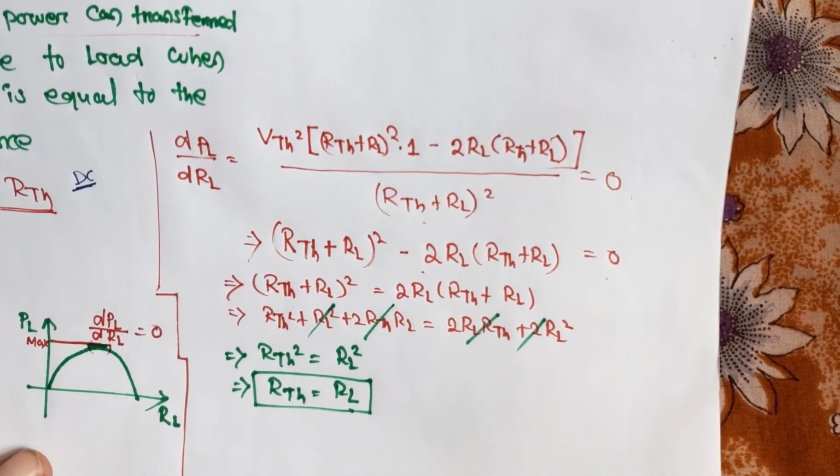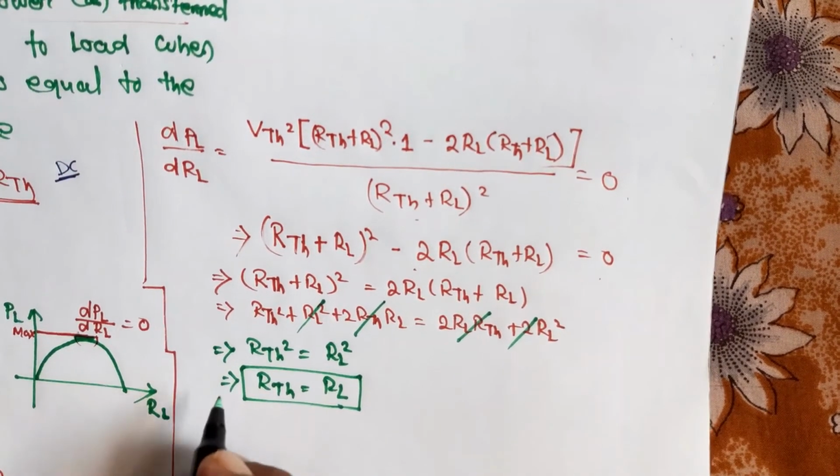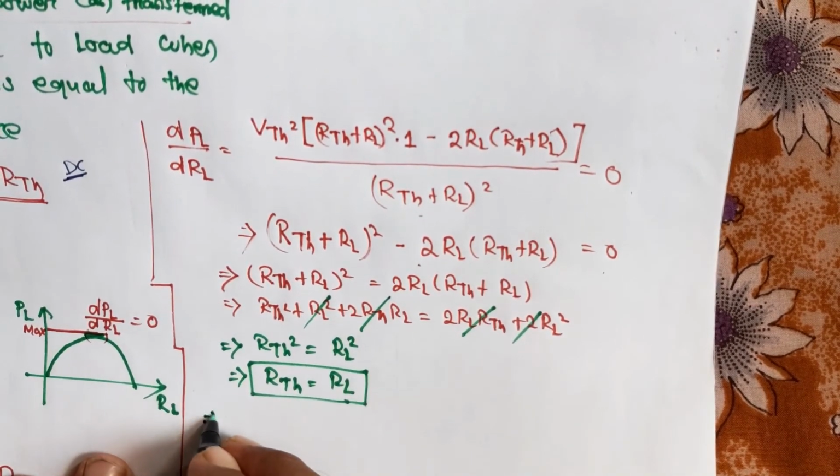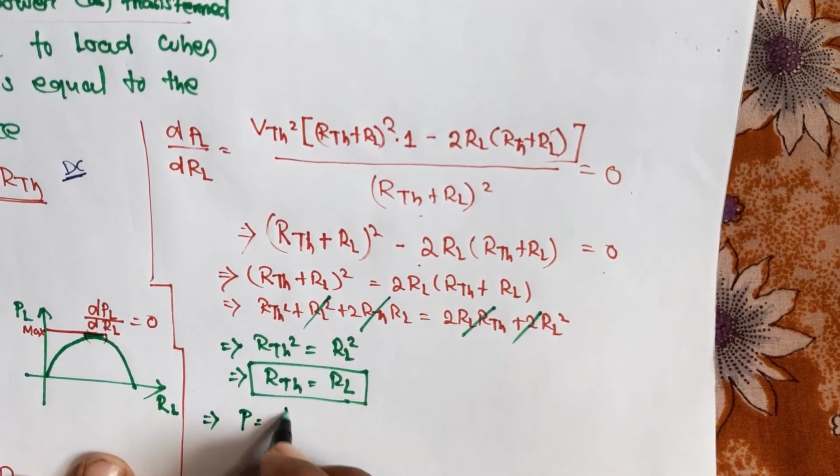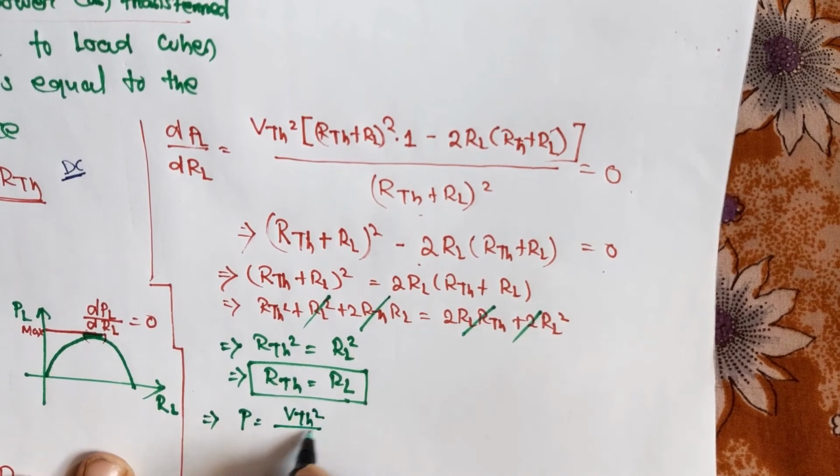Let's find how much maximum power can be delivered to the load. We know previously that P equals VTH square divided by (RTH plus RL) square, into RL.